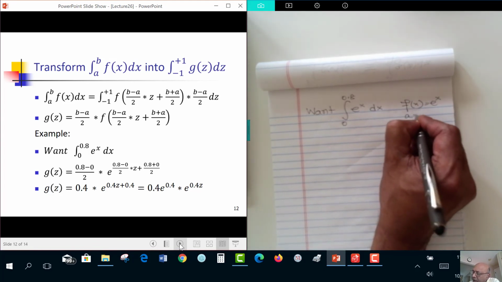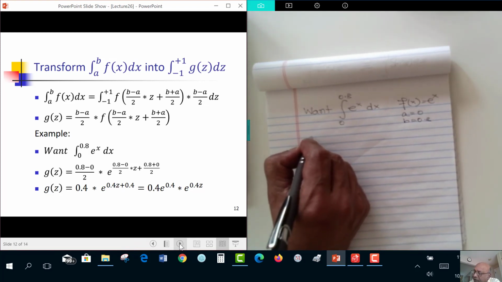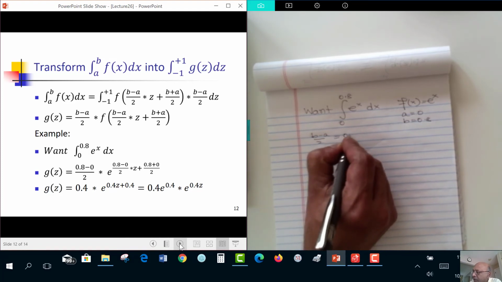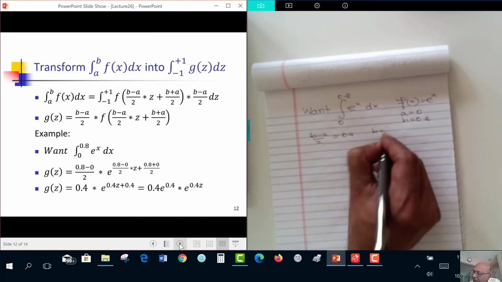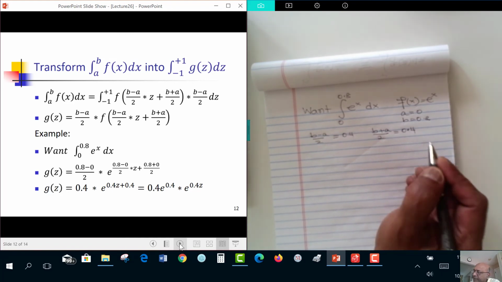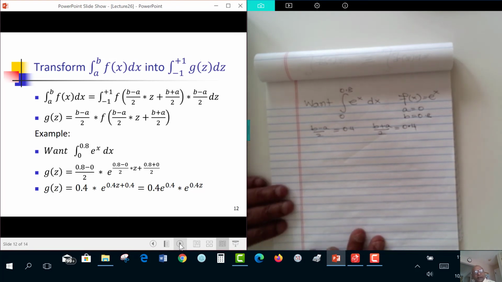Of course, a is 0 and b is 0.8. So what is our (b minus a) over 2? That's 0.4. (b plus a) over 2, also 0.4. Maybe I should have chosen different limits, but I'm sure you can keep track of things.